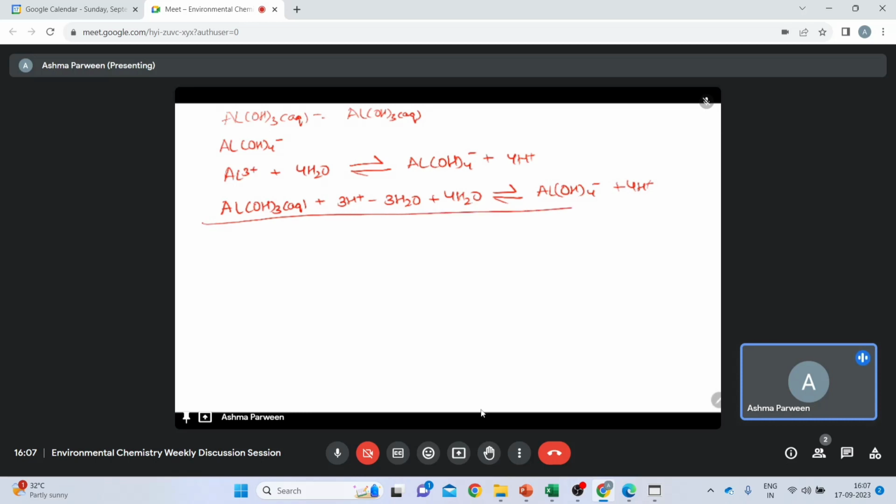So let's write the final reaction equation. It is AlOH whole 3 aqueous plus 3H+ minus H+, minus H2O, which will give us AlOH whole 4 minus.